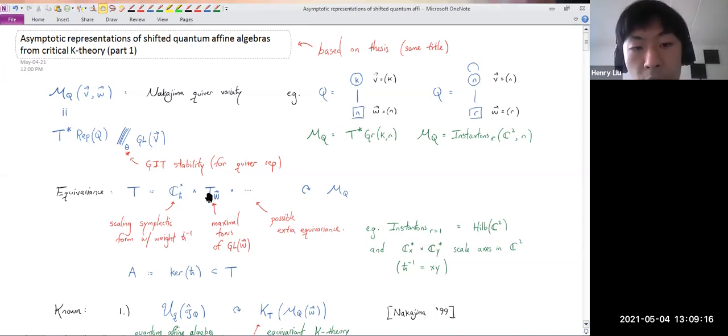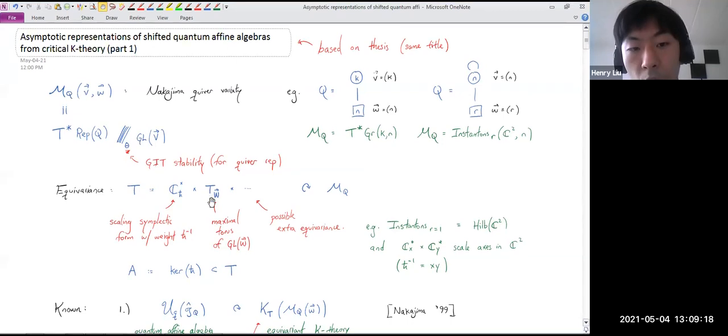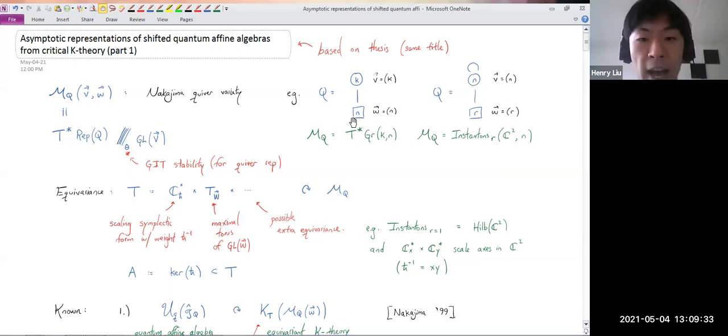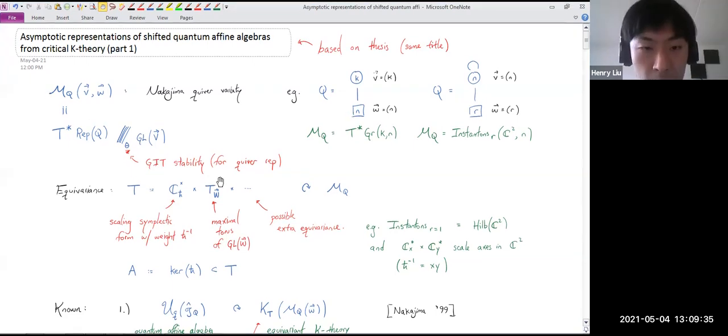And then you also have this residual freedom to act on the framing vector spaces with GLW. So remember, in our symplectic reduction, we only modded by GL of the round nodes. And so you have this residual freedom to act by GL of the framing. So the maximal torus of that we'll call TW. That's another equivariant degree of freedom that you have.